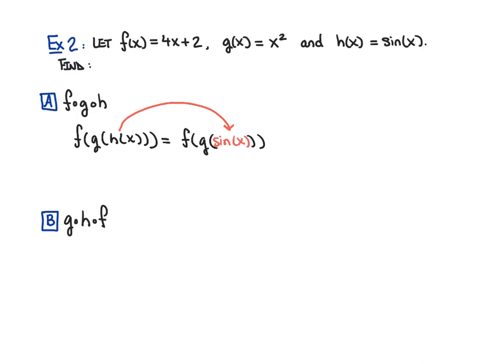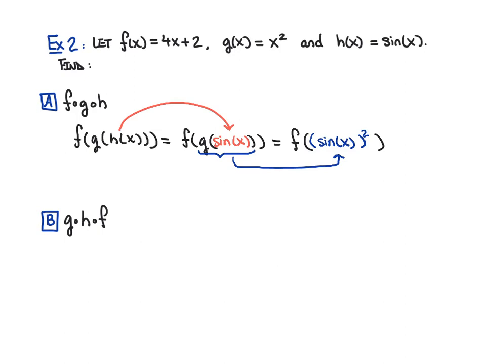Okay. Now we'll go one more step. So you leave the f on the outside, and we're going to take the g of x, g of sine of x. For g of sine of x, you look at g of x, that's x squared, but instead of x, it's going to be sine of x. That represents g of sine of x.